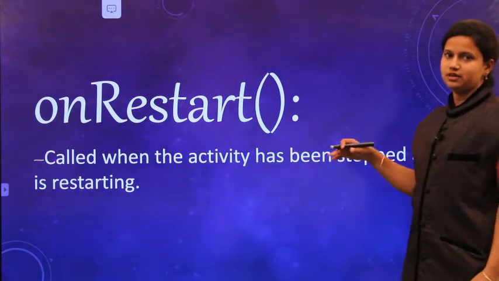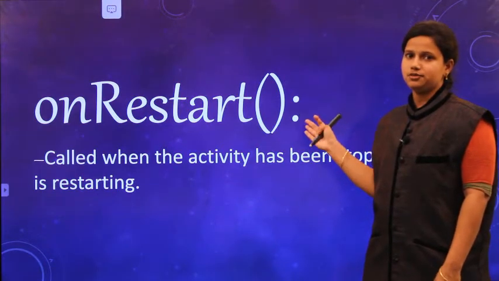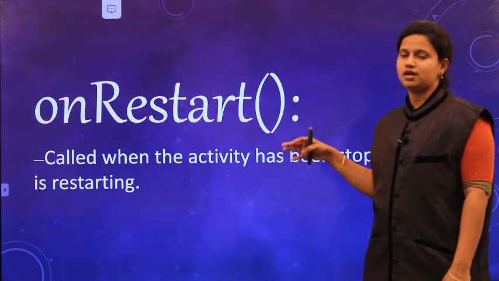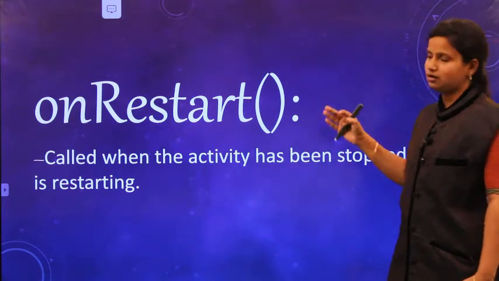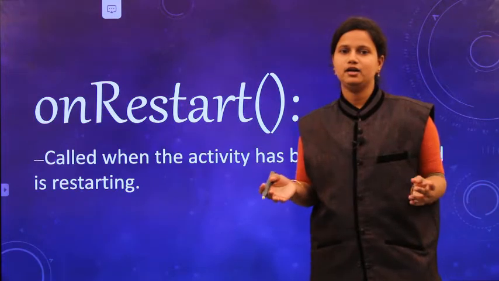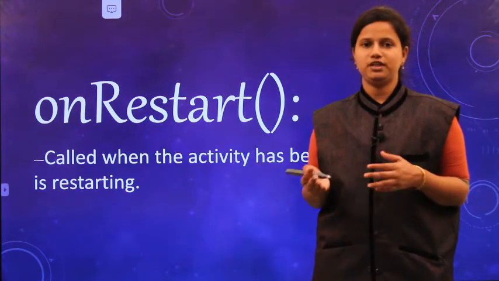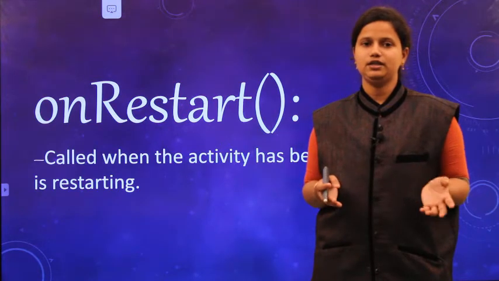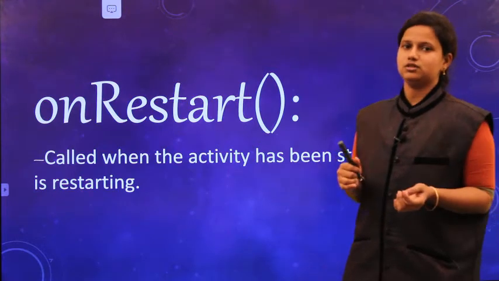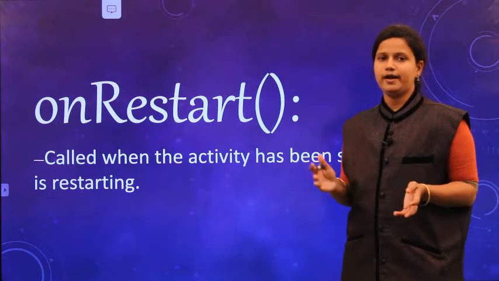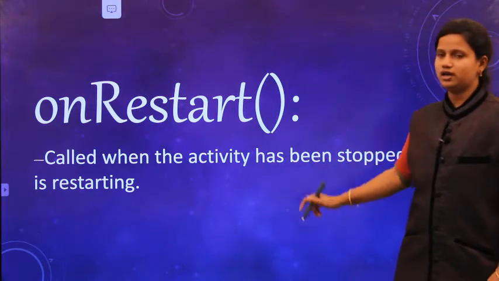That means you are not using this activity for some time, and after some time you go back to it. For example, you open a login form but do not enter details or interact with it, you wait for some time, and then move back to the same application. The restart method is called.